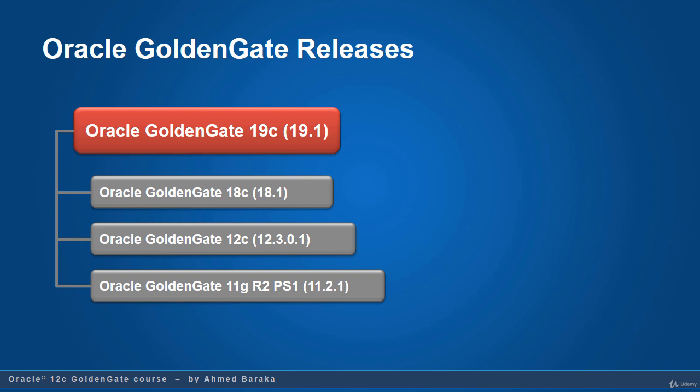There are a few earlier releases, but the slide is displaying only the latest ones. For Oracle GoldenGate 18C, we've got one release, that is 18.1. Oracle GoldenGate 19C has one release as well, that is 19.1, and this is the product we are concentrating on in this lecture.